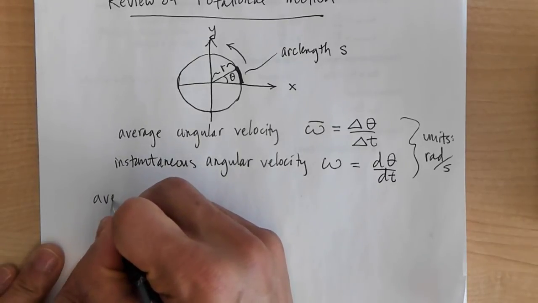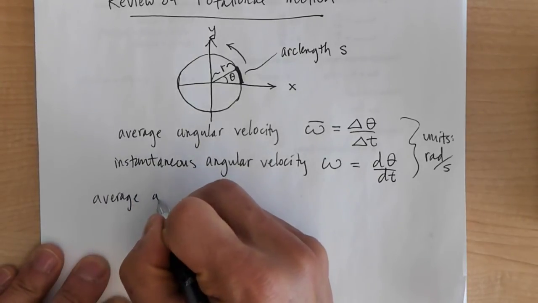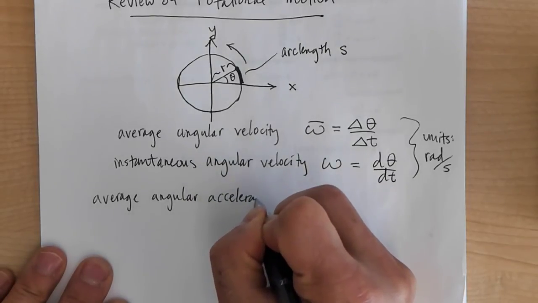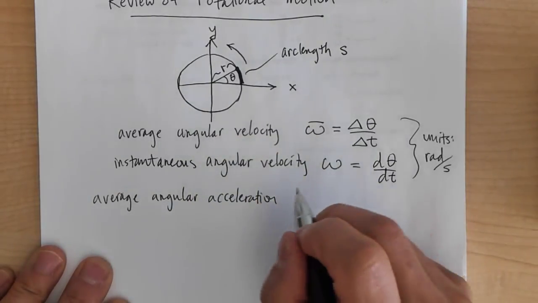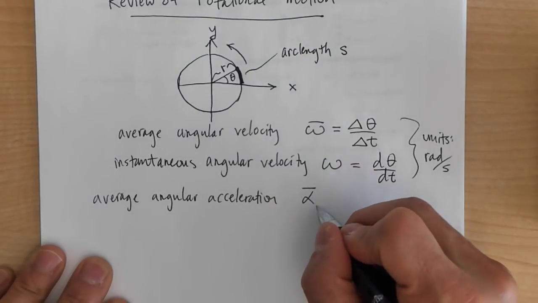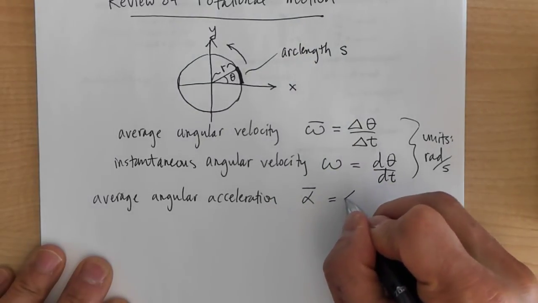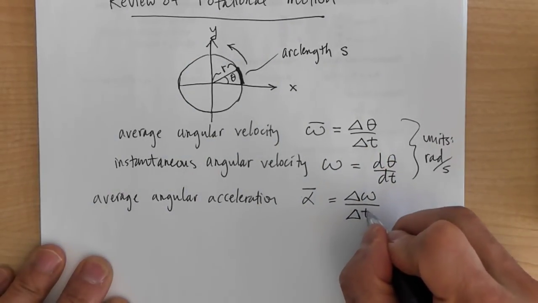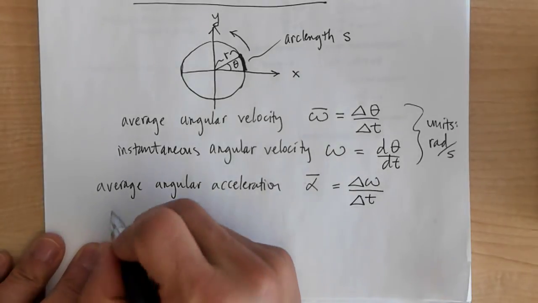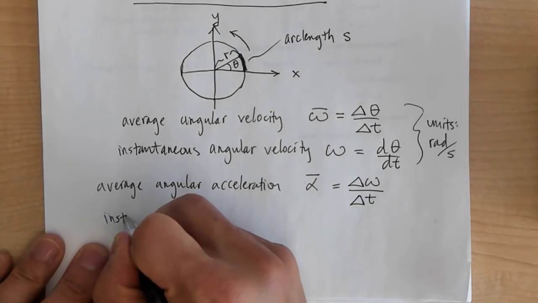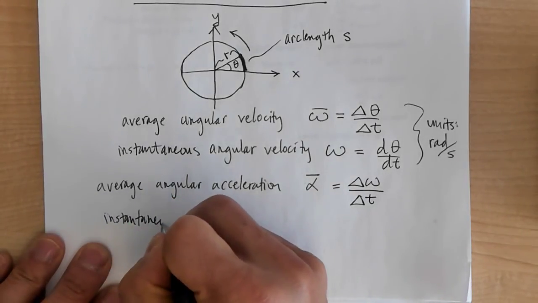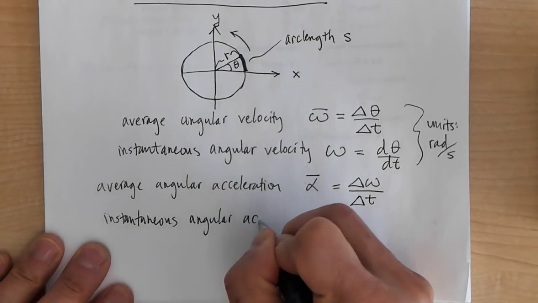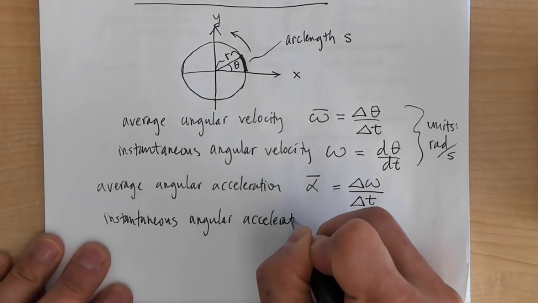And we also have the average angular acceleration, and this was alpha avg or alpha bar, and that was the change in the angular velocity divided by the change in time. And we have the instantaneous angular acceleration.